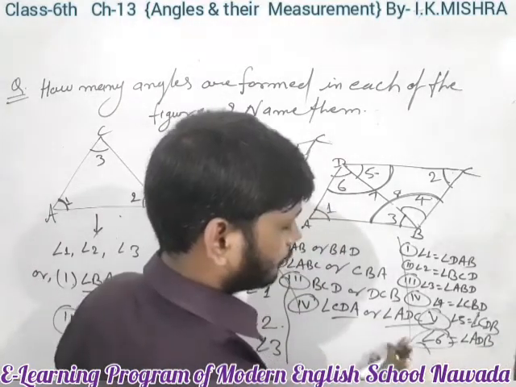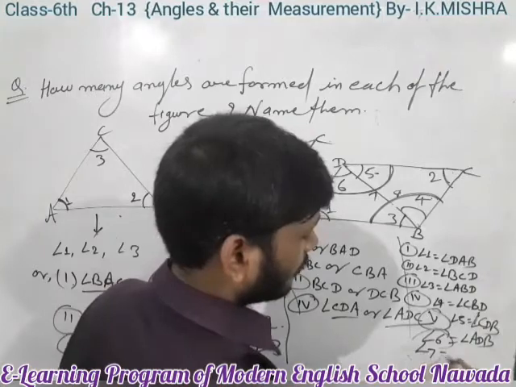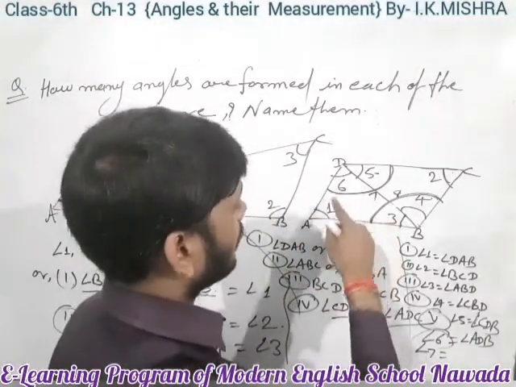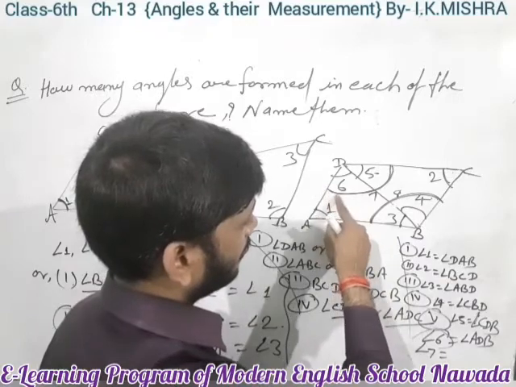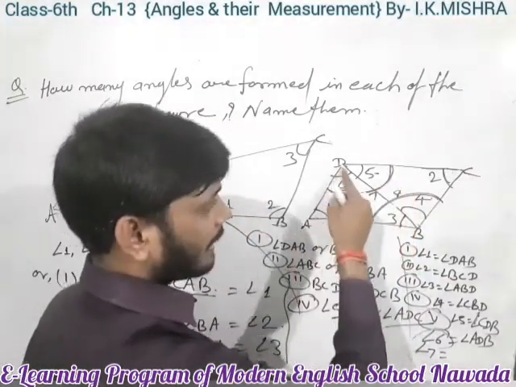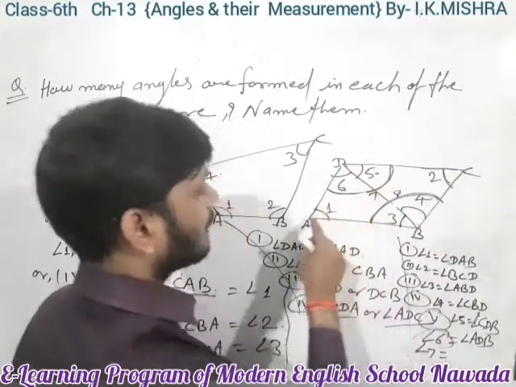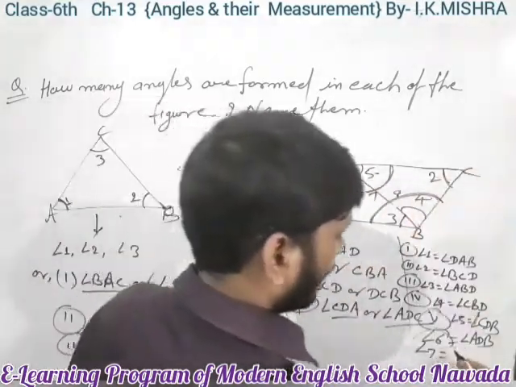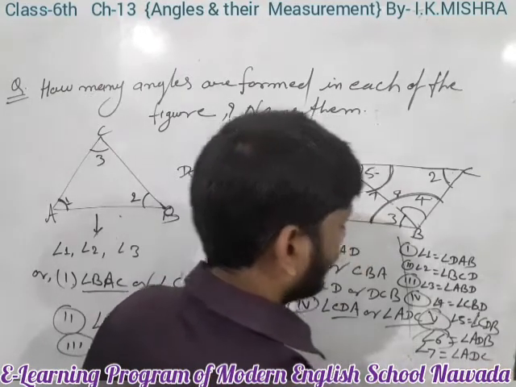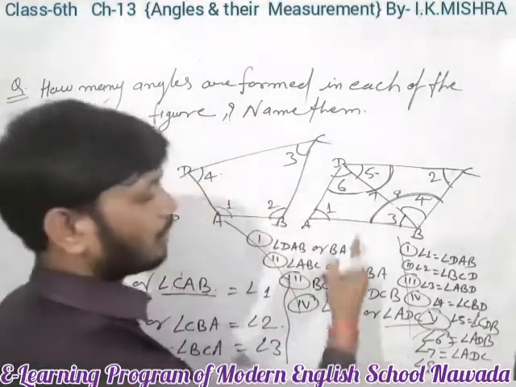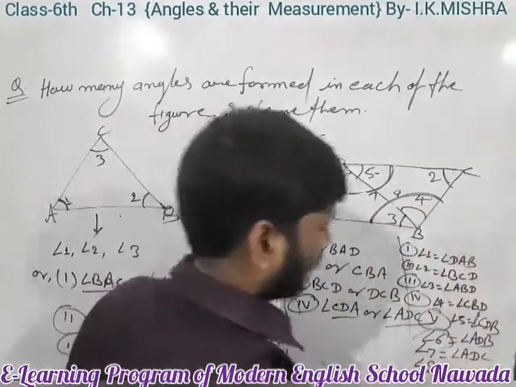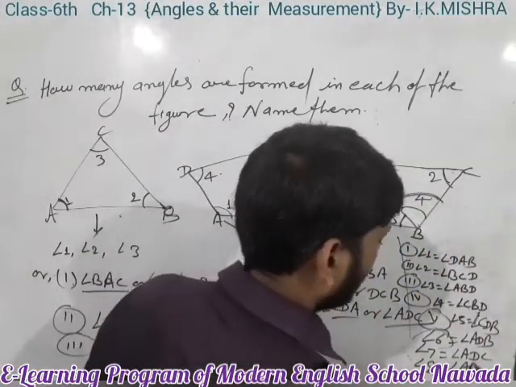Angle 7: when you write angle 7, observe, this ray and this ray, the angle between AD and DC. So students, angle 7 is equal to angle ADC, and angle 8 is angle ABC.